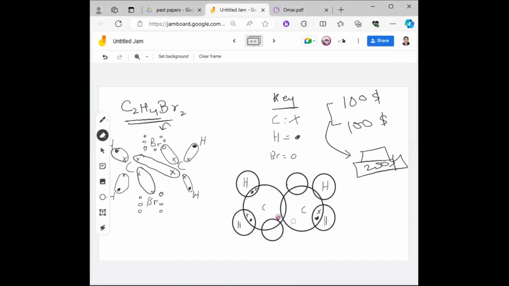These should not overlap with the other circles. Like this.